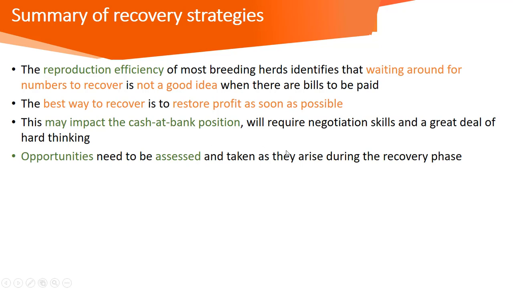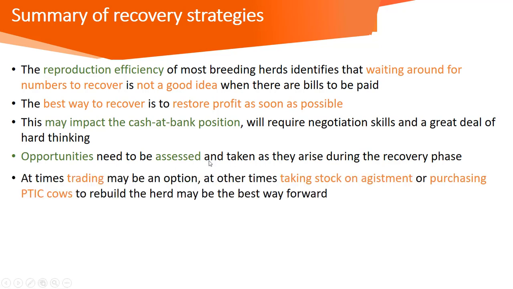Each of these opportunities that we've looked at here, they need to be assessed and taken as they arise during the recovery phase. So our analysis here depended on a set of parameters. Those parameters can change each time you need to look at this opportunity. So they need to be reassessed. At times, trading could be an option.